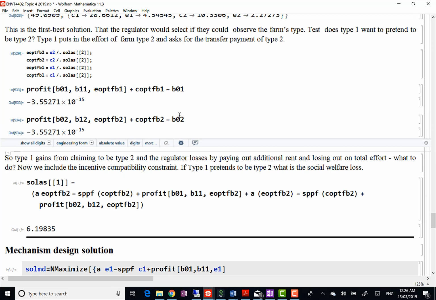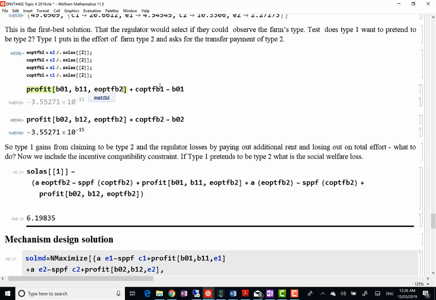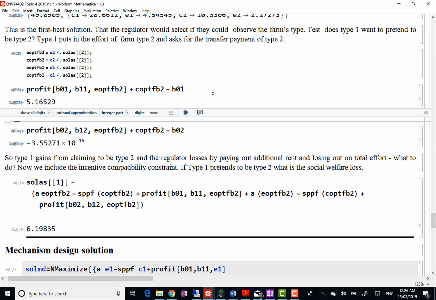They're not getting any extra over and above what they're getting to cover their cost of effort. But if instead we offer the two separate contracts, but we ask whether farmer 1 would choose the contract that's intended for farmer 2, then suddenly farmer 1 gets a rent.